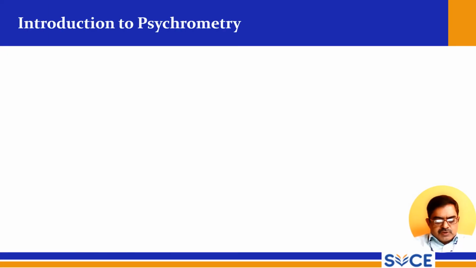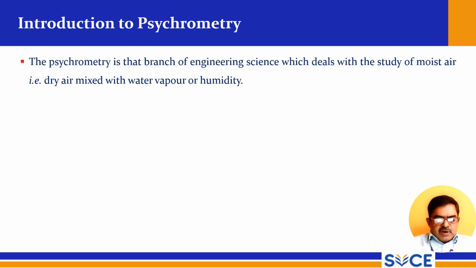Introduction to psychrometry. First I am going to introduce a few terminologies which are very much essential in this unit. First, let me introduce what psychrometry is. Psychrometry is that branch of engineering science which deals with the study of moist air. Moist air is nothing but dry air mixed with water vapor or humidity.